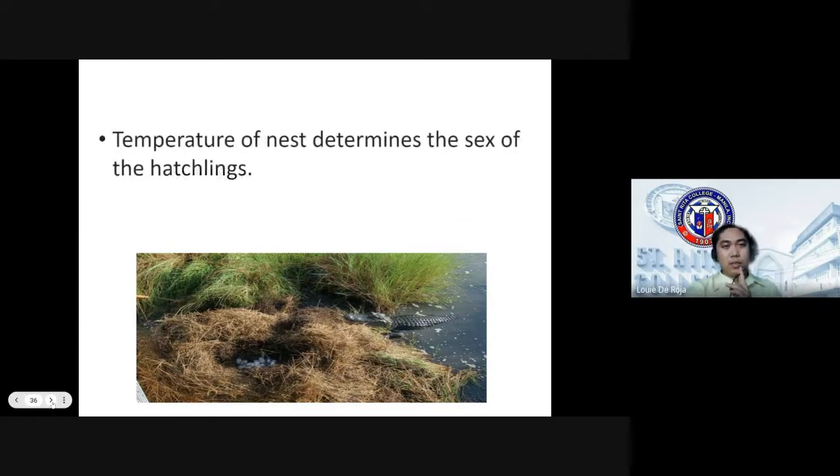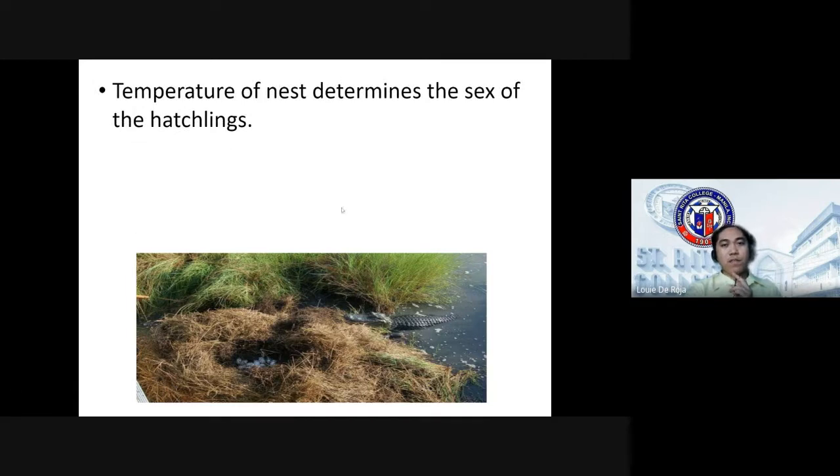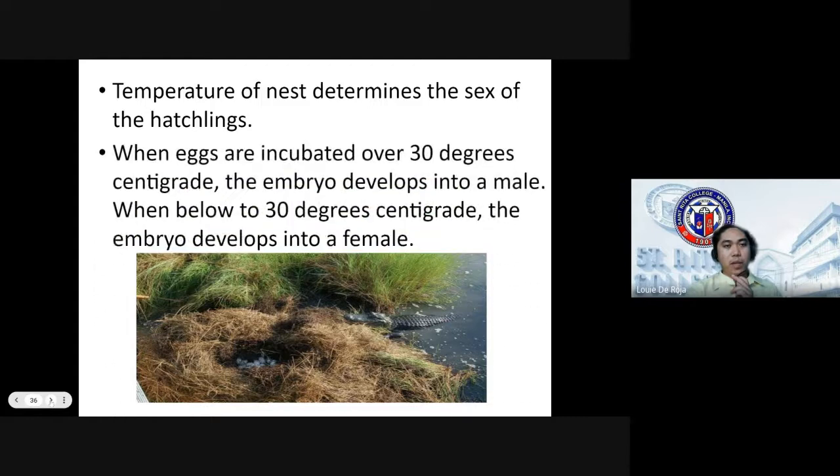Okay, next is temperature of nest determines the sex of the hatchling. So may trivia. When eggs are incubated over 30 degrees centigrade, the embryo develops into a male. When below 30 degrees centigrade, the embryo develops into a female. So, nashock tayo doon.